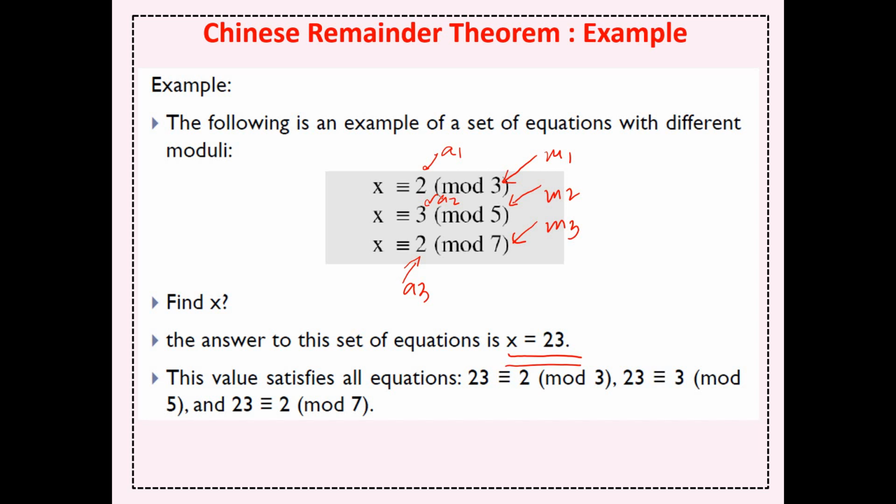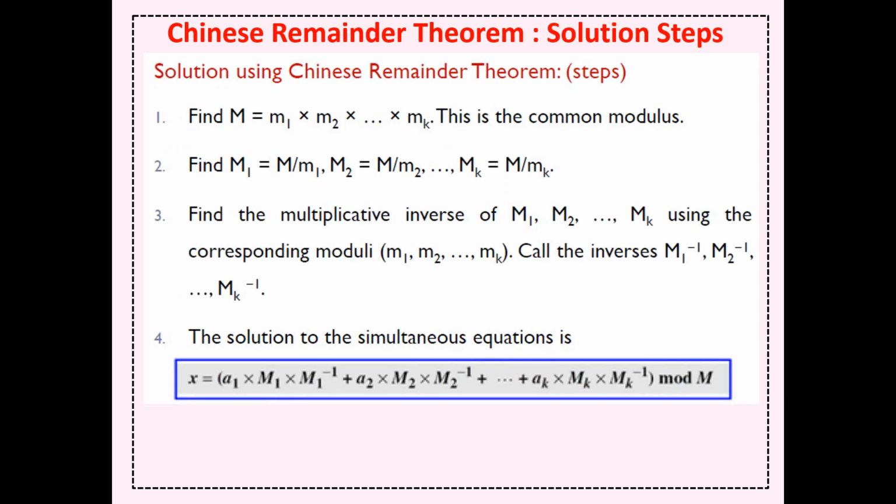Now let's go directly to the solution or the algorithm involved. Please concentrate on this a little bit. As in the previous example, we had the generic form, let me just write it down over here. I'm just writing it to follow the previous example.